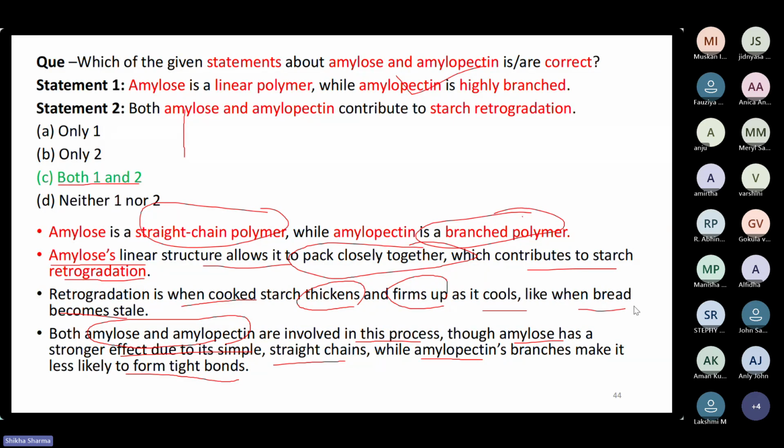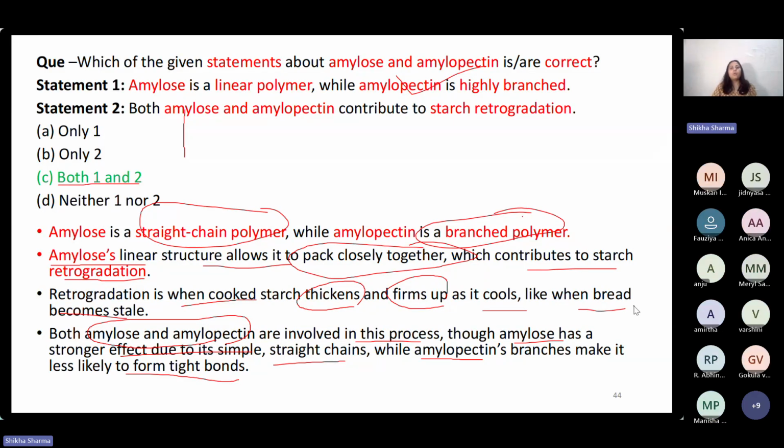So since both contribute, amylose and amylopectin, but amylose contributes more, here both statements are correct.